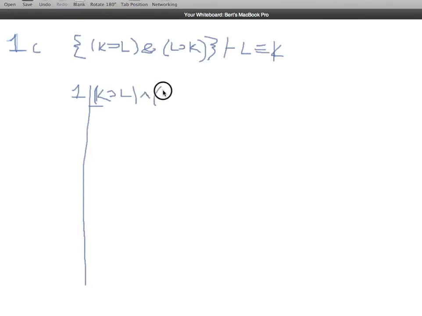It's a little bit easier for me to write when I'm using a mouse. So we make each of the members of our set a primary assumption, and since there was only one member here, this is our only primary assumption, and our goal is going to be L if and only if K.